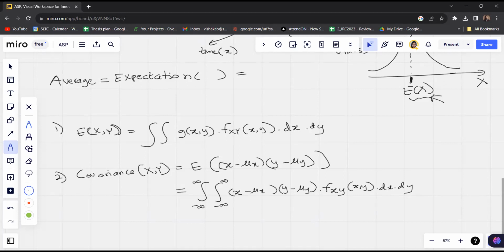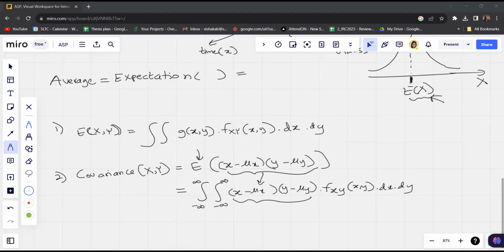What you need to understand is that once you add the expectation operation, you need to include the function that you are trying to find the expectation of inside, as the function that you will be integrating with the probability density function.